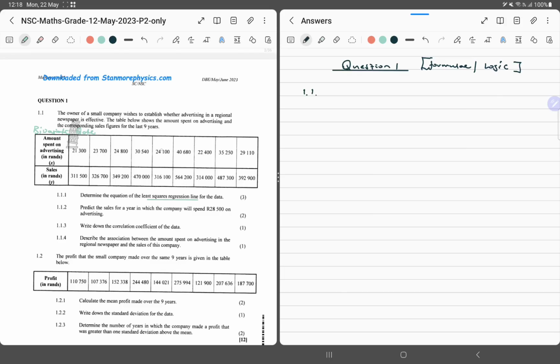1, 2, 3, 4, 5, 6, 7, 8, 9. So everything looks all right. And then we hit our AC button, and then we go to Shift, Stat, and then we go to 5, which is regression. It says determine the equation of the least squares regression line. So this is 1.1.1. First of all, we want to know our A, which is option 1.